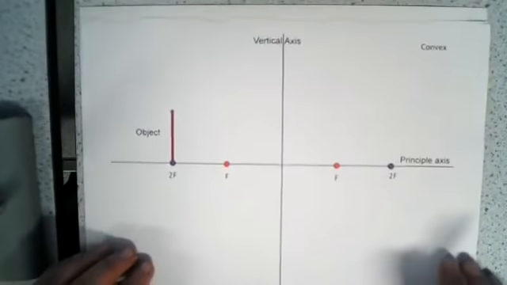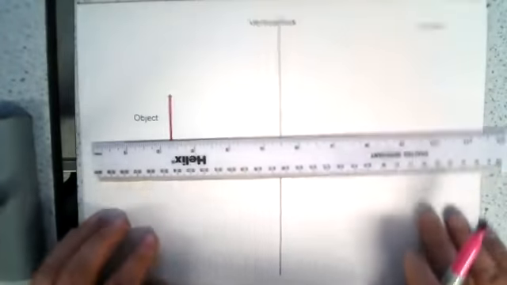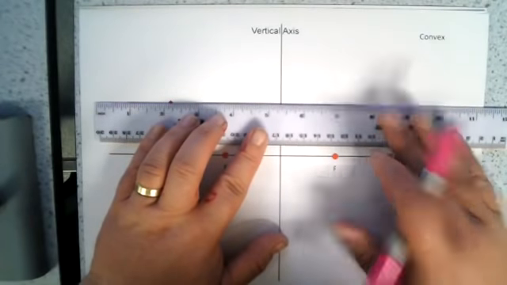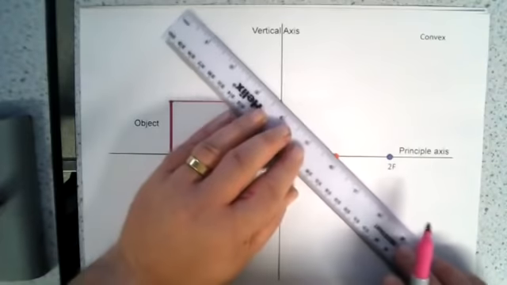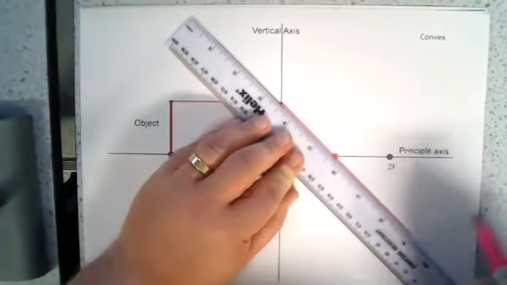So what happens now if our object is at 2F? So it's the same principle. I'm going to do it a little bit quicker, and I'm not going to really talk through it. So I have my line that goes to the axis. It goes down through the focal point, okay?